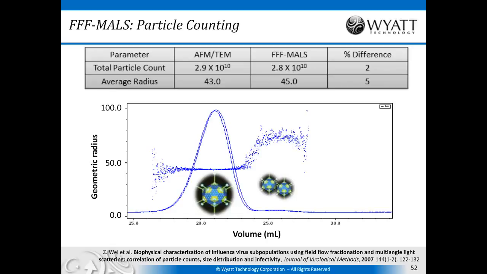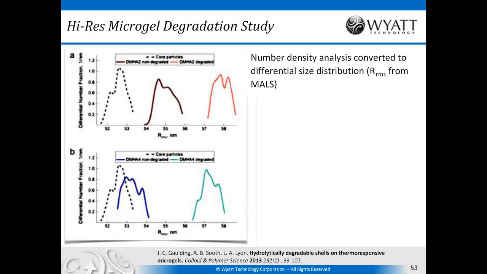And in this comparison, using an imaging technique versus the light scattering technique, we can see very similar values in terms of what we get from the counting, from the number density analysis provided by the Astra software. So again, a very quick and effective way to measure size distributions, not just in terms of concentrations, but also in terms of numbers of particles.